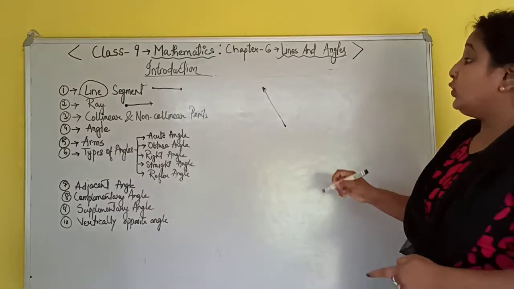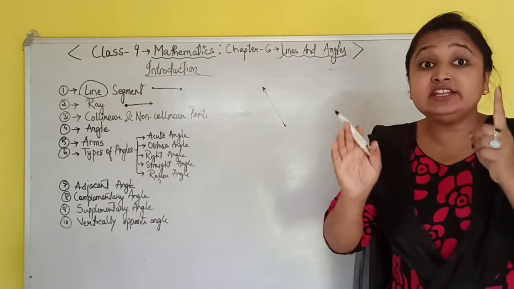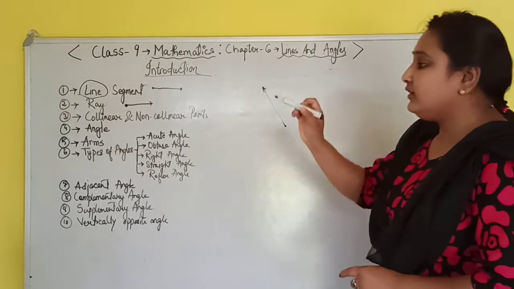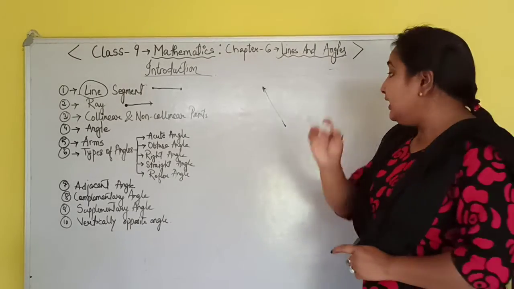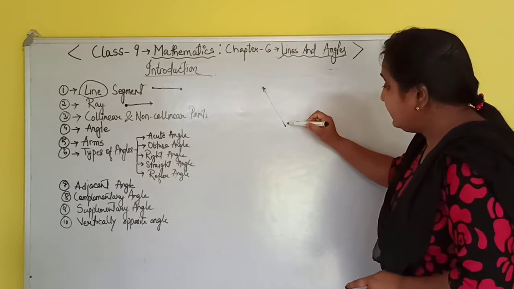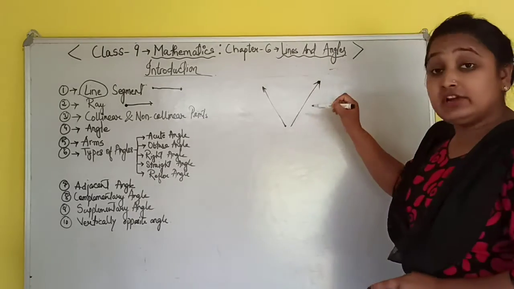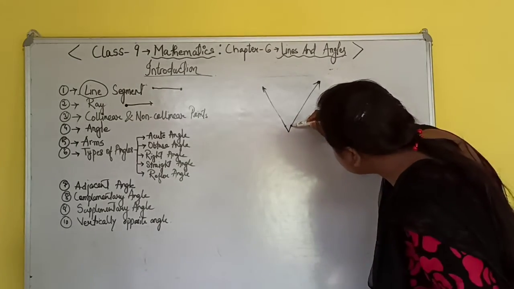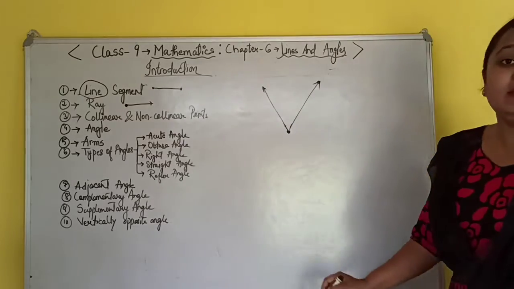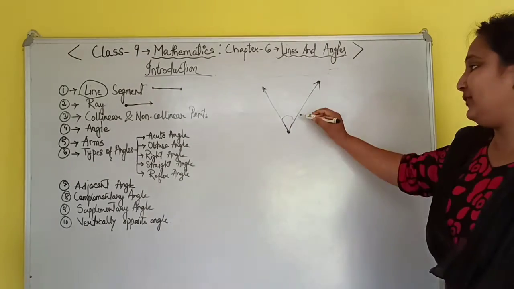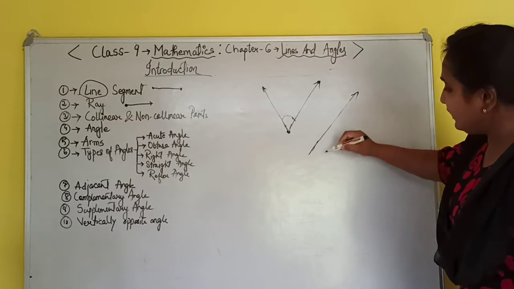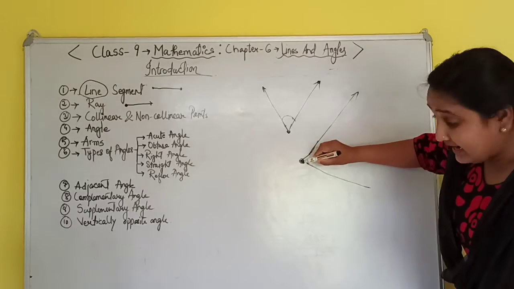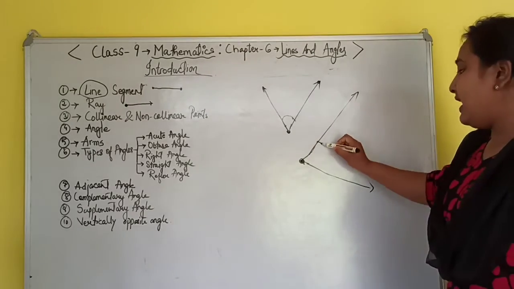If 2 rays are joined together with a common point or common vertex, it is known as an angle. If 2 rays, this is one ray, this is another ray, are joined together with the common vertex, which is the joining point, then it is said to be an angle. Once again, 2 rays joined together with a common vertex is known as an angle.